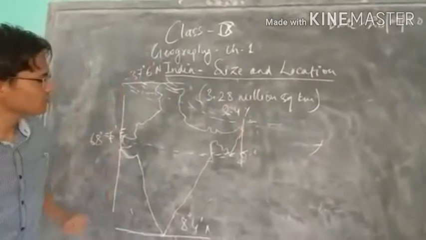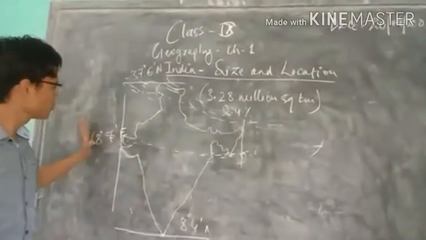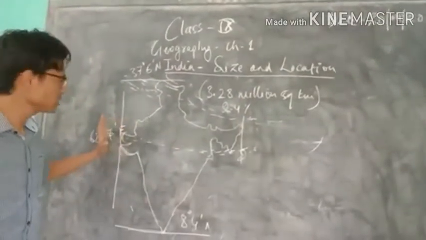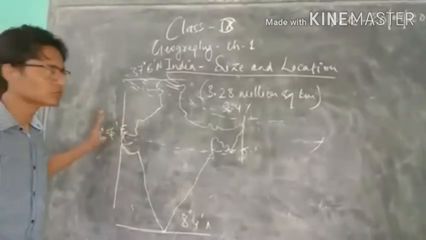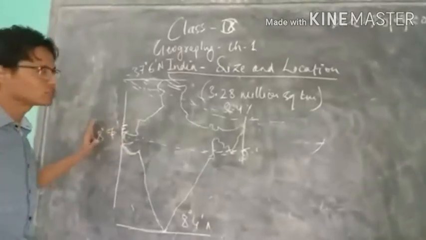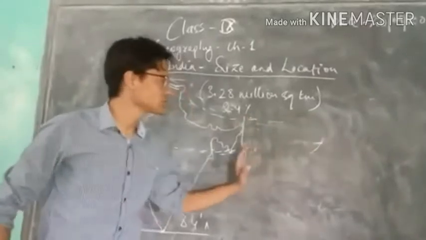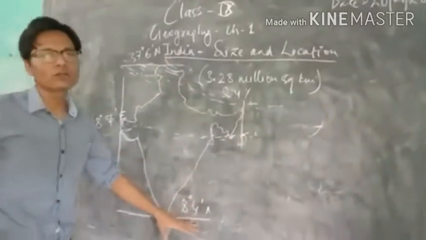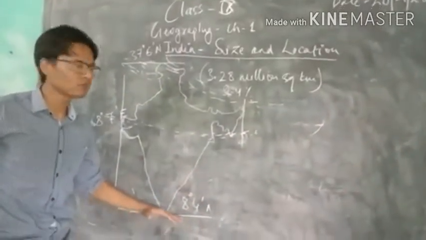On the western side we have countries like Pakistan and Afghanistan, and it goes towards Western Asia, and we have East Asian countries on this side. But on the southern side, it's very important that we understand.